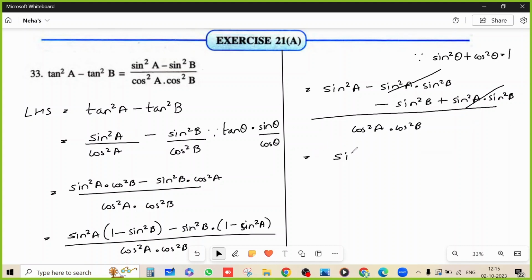Now this will give us sin square A minus sin square B divided by cos square A into cos square B, and this is equal to the right hand side and hence proved.